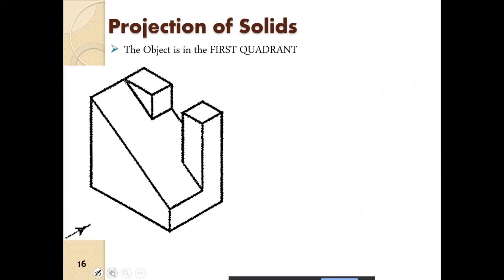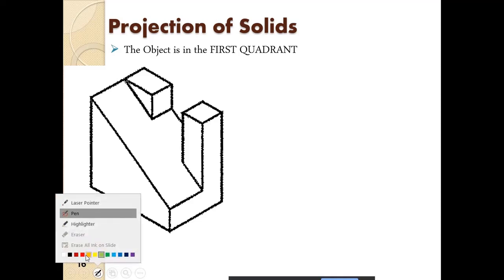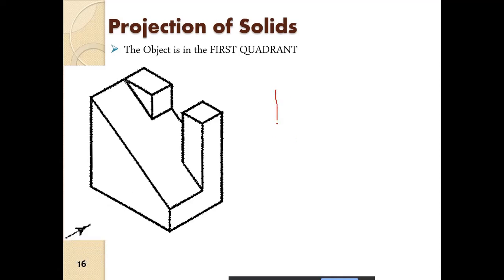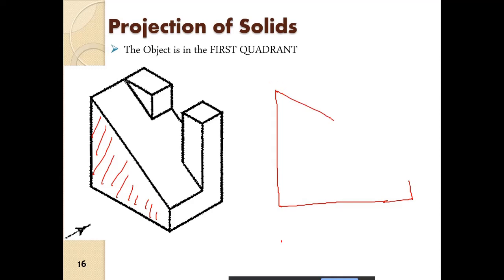So obviously if we draw the front view, we will see this edge. So this is the surface. So this surface we will see. Then what we will see is this surface. Okay, so we will see this surface up to the height.